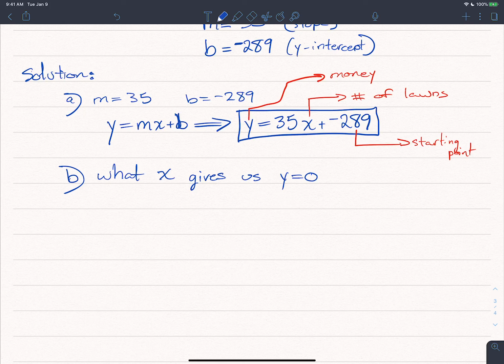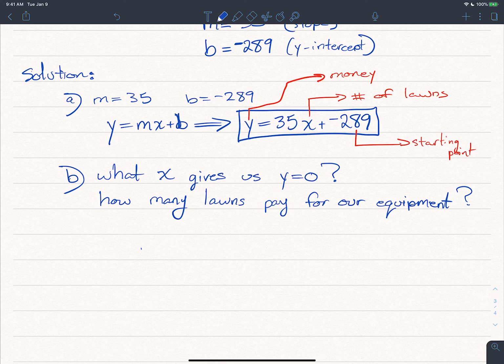Or how many lawns get us to 0 money? Or basically, how many lawns pay for our equipment? That's basically what we're asking. How many lawns pay for our equipment, right?